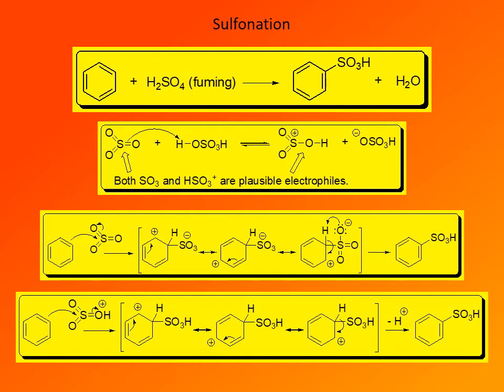So we have an alternative mechanism where the stronger electrophile, protonated sulfur trioxide, is involved, and the intermediate cyclohexadienyl cation loses a proton to an outside base. So the proton removal is an intermolecular process. And then, of course, as before, benzene sulfonic acid is generated as the final product.